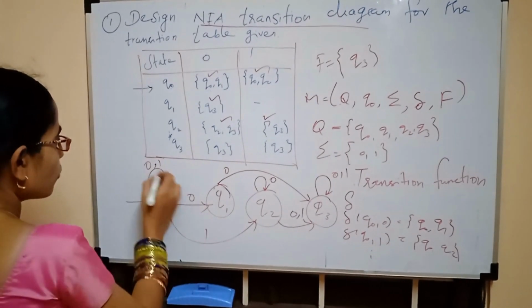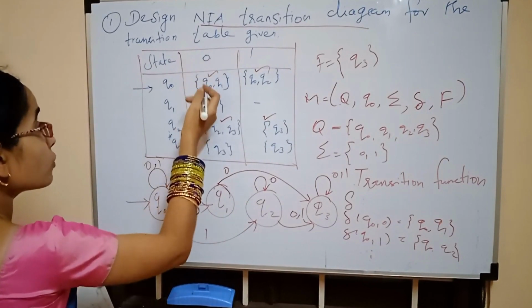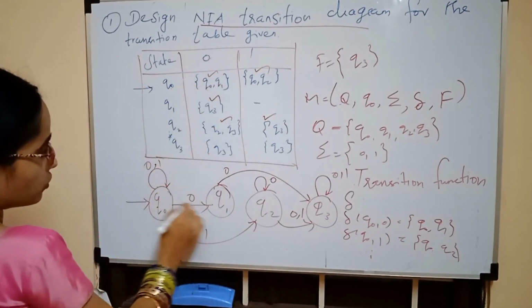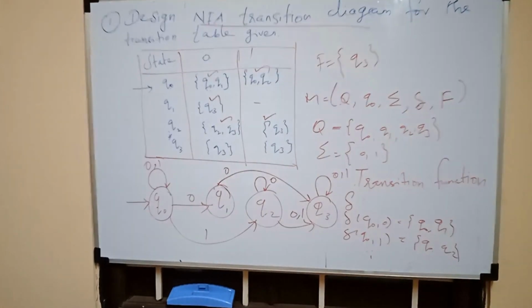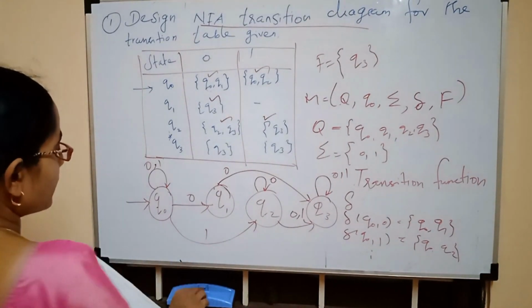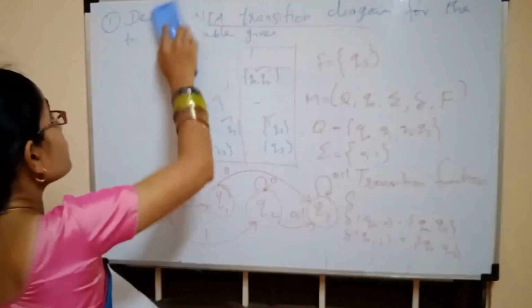So we make a self loop on Q0 and then a move to Q1. You have the connections between Q0 and Q1, and Q0 and Q2. Likewise you have to draw this diagram. I hope you understood this one, and we'll go to the next problem statement.